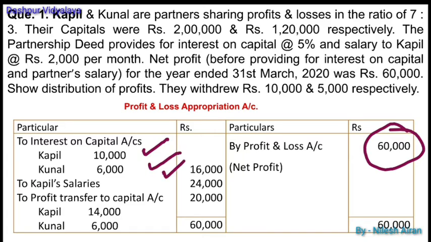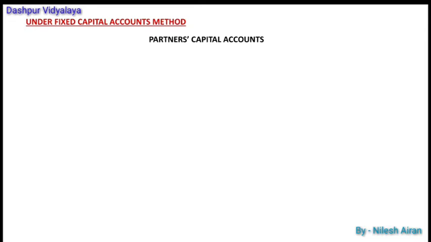Total amount will be 16,000. Kapil is allowed 2,000 rupees per month as salary, so 24,000. Now, the remaining amount, rupees 20,000, will be distributed between Kapil and Kunal in their profit sharing ratio, that is 7:3.